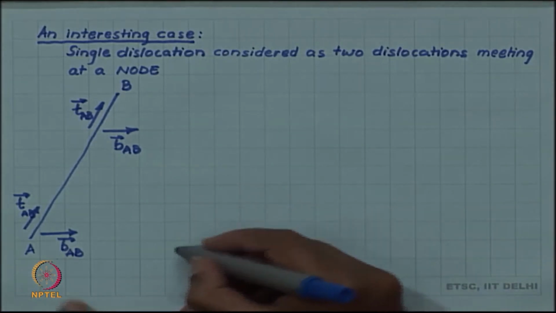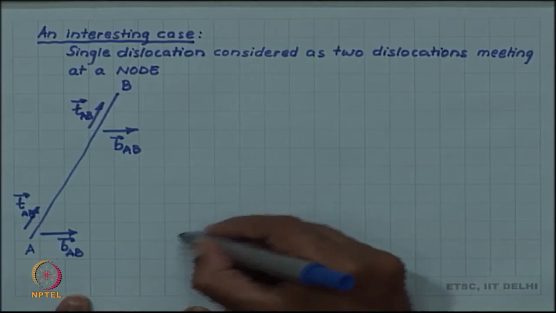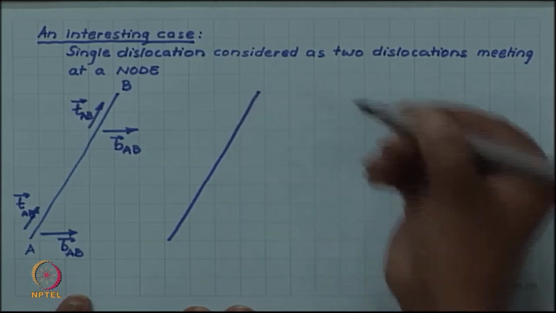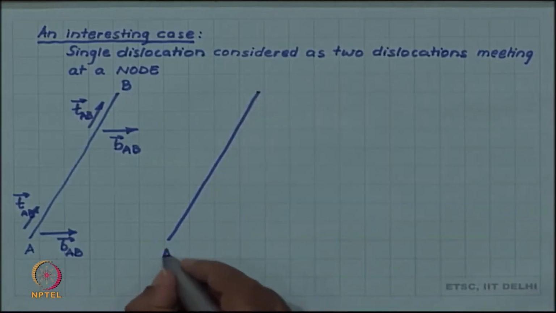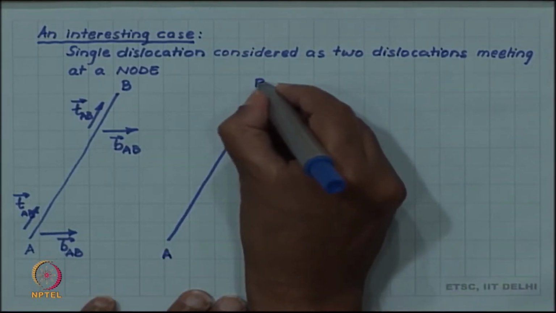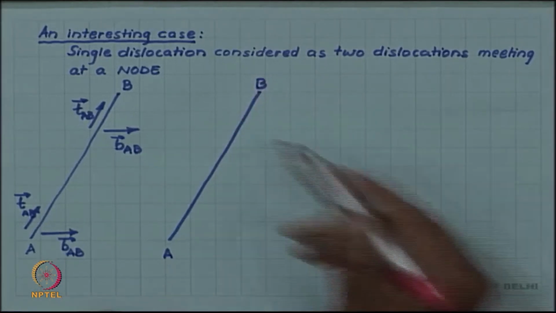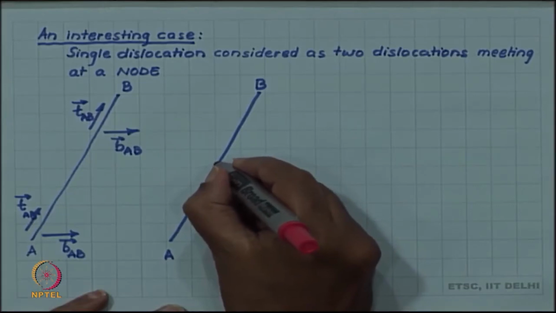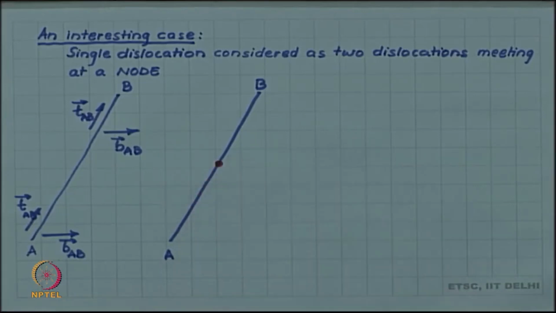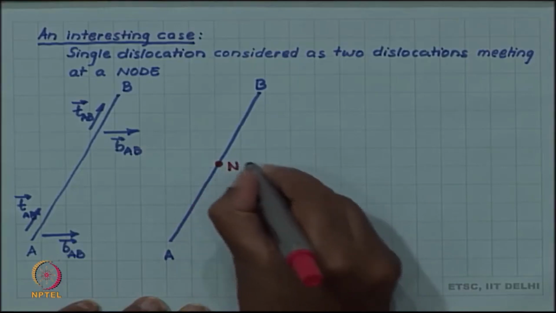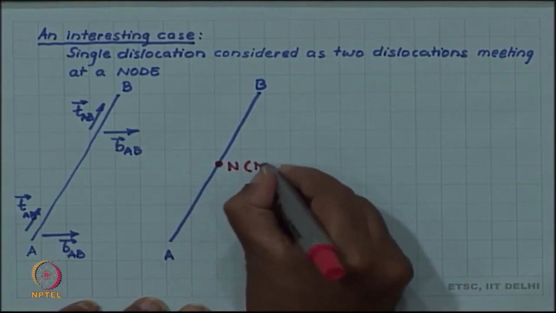But now, suppose I wish to treat this single dislocation line as two dislocation lines meeting at N, which is a node.